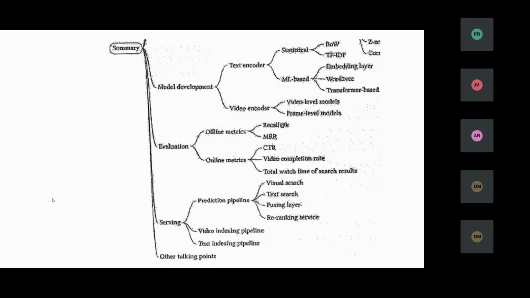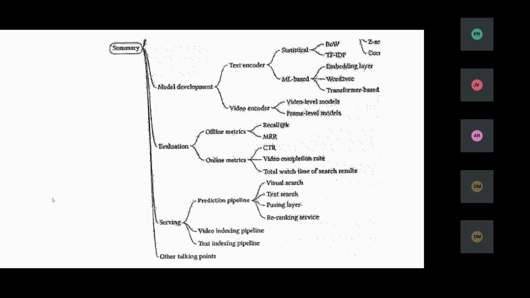And the fusing layer will be combining the results of the visual search as well as the text search, and re-ranking before displaying the result to the user. The re-ranking service is basically the business logic as well as the policies that will be applied before displaying the list to the user.